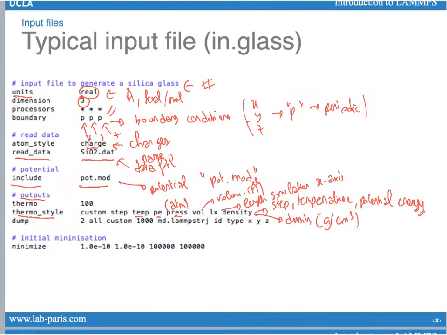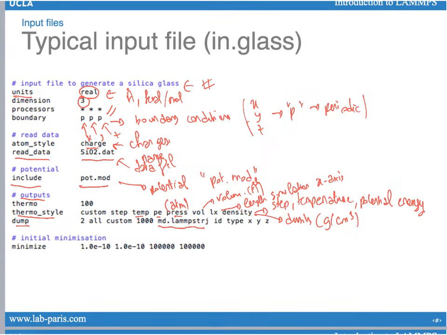Then the next step is you will ask LAMMPS to provide you the specific per-atom information. This is achieved by the dump command. The dump command will generate a separate file. In this case, the name of the file will be md.lammpstrj.